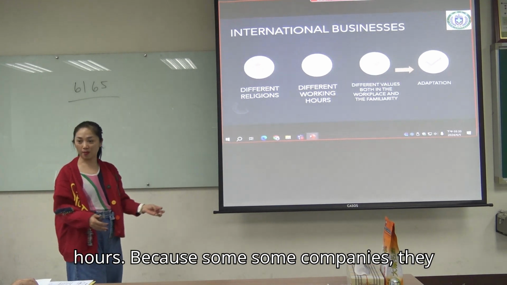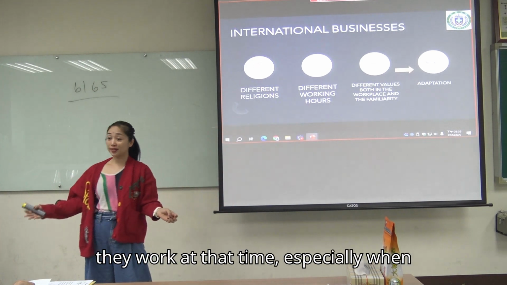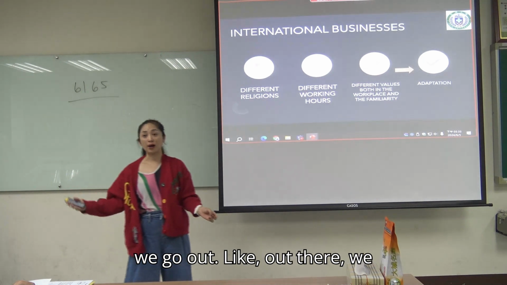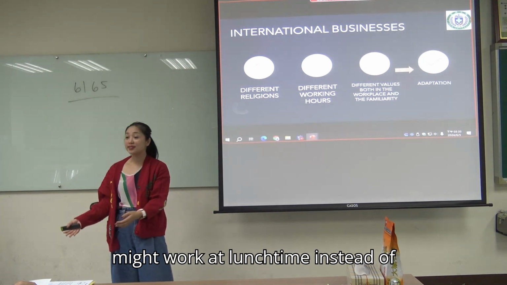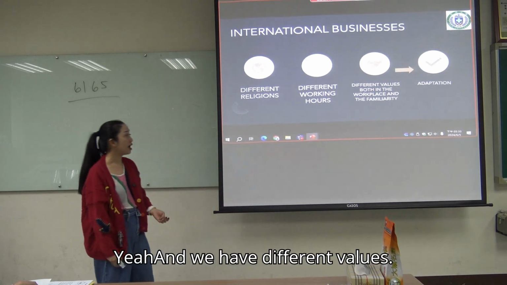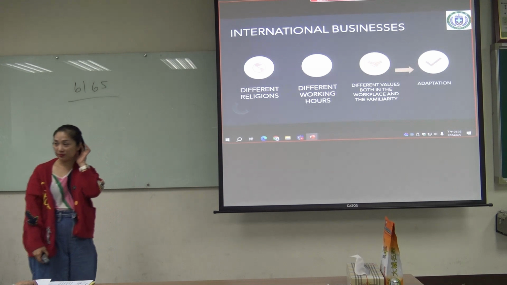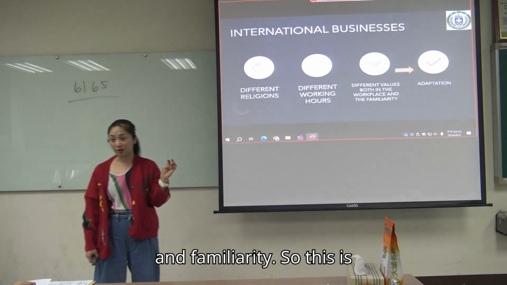Some companies work this time, but other companies work that time. Especially when we go out there, we might work at lunchtime instead of working 9 to 5 with a lunch break. And we have different values, both in the workplace and in family.